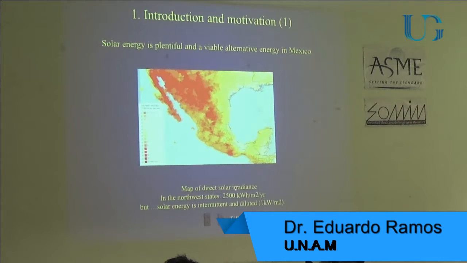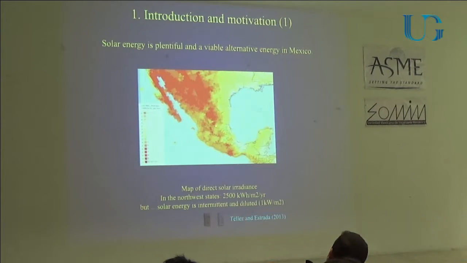This is a map of direct solar irradiance, and in the northwest states, and even here somewhere in the center of Mexico, we have 2,500 kilowatt hour per square meter per year. That's good news. Let's try to see whether we can somehow harvest this energy resource.